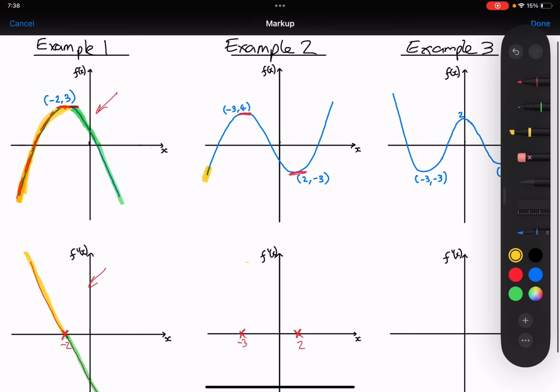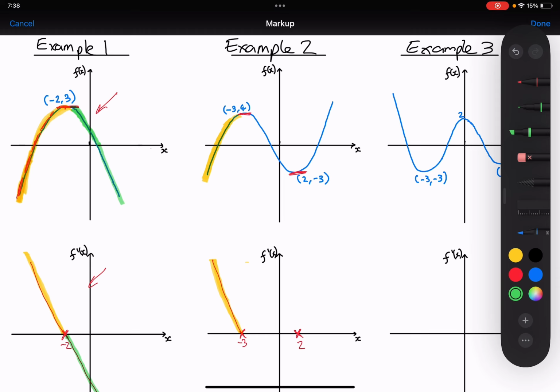Right, then over here we've got a positive gradient, but it's becoming less positive. So we've got positive, positive, positive, getting less positive as we go on. So that's that part of the graph.